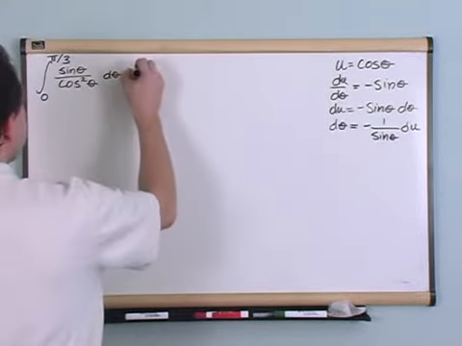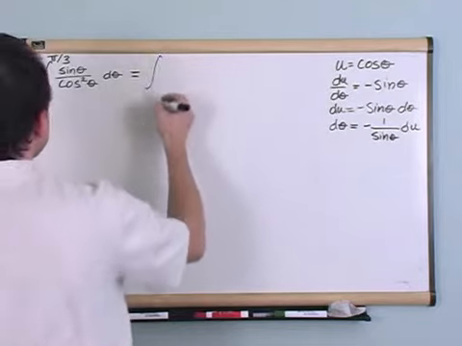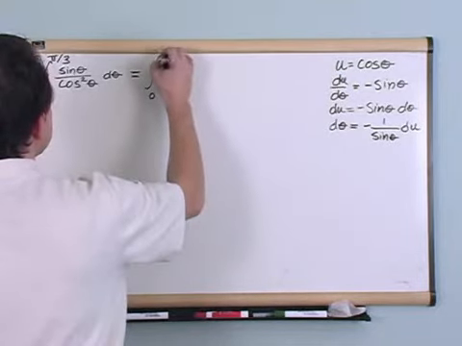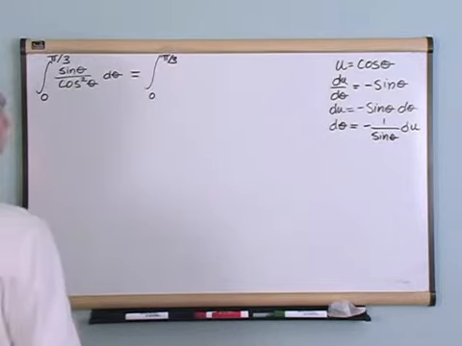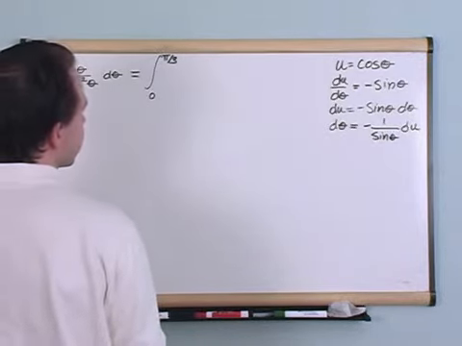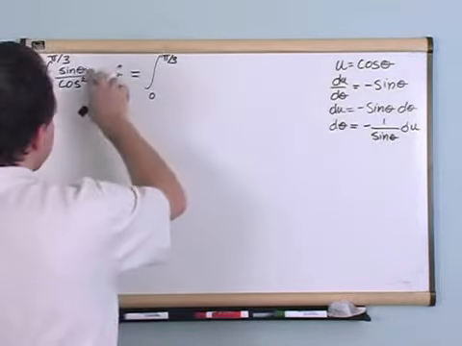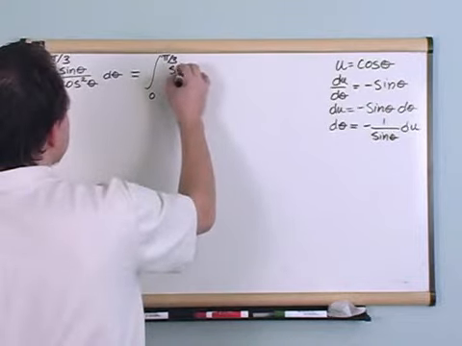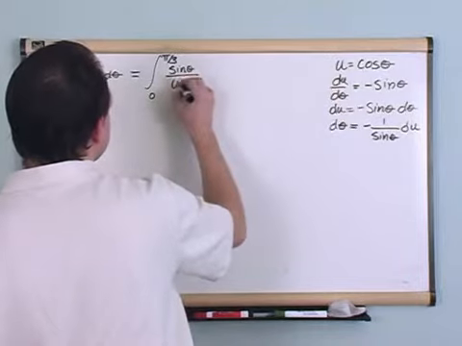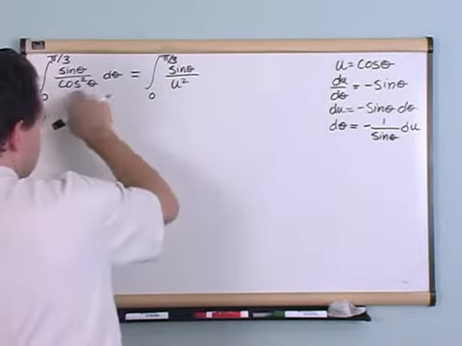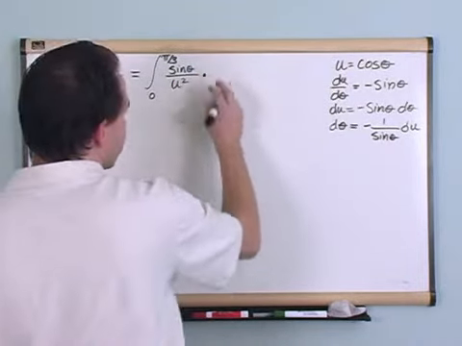So when you do the substitution, you have the integral from 0 to pi over 3. I'm going to have sine of theta on top. On the bottom, I'm going to have u squared, because I have cosine theta squared, times d theta.